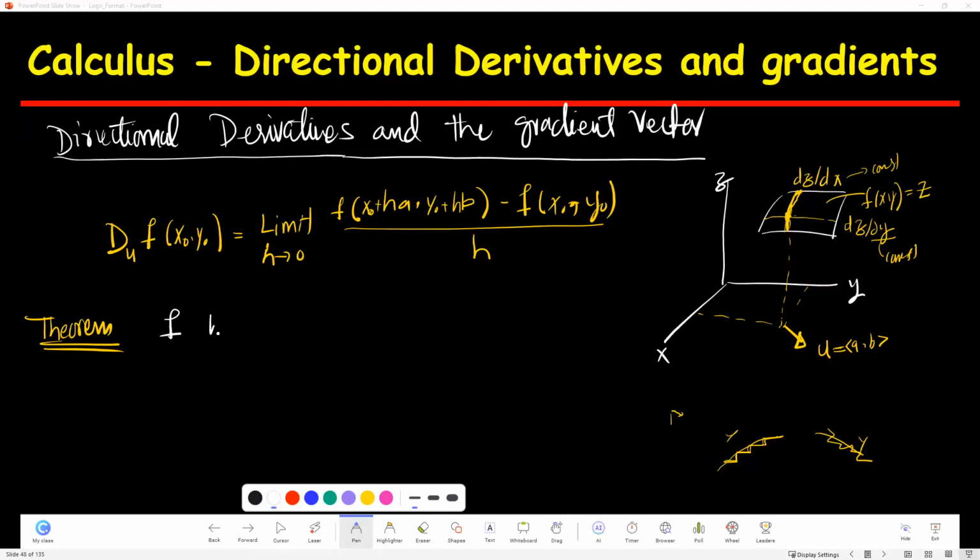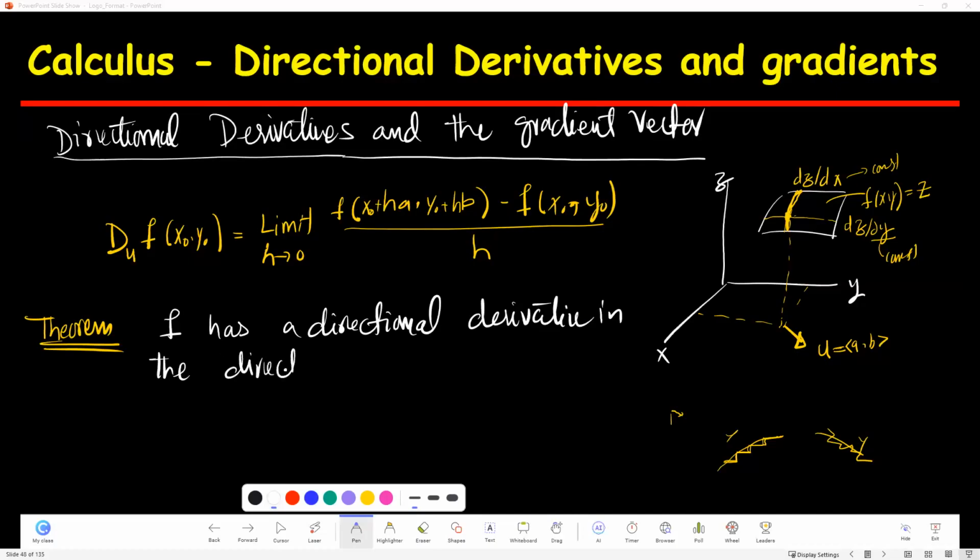F has a directional derivative, du, the directional derivative of this function.